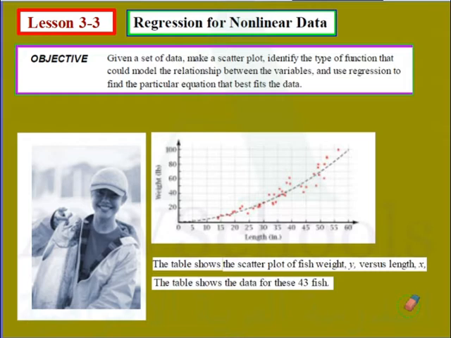To begin with, we are given a scatter plot of data. This data conveys the scatter plot of fish weight, y, versus fish length, x, for 43 fish.